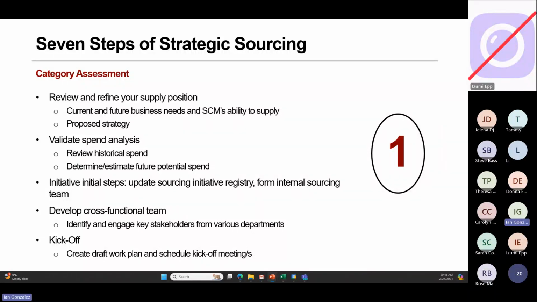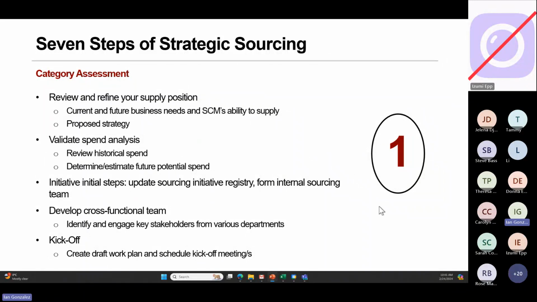With category management, they are now part of it. So in the 7 steps, in step 1, you form a CFT with these people. And then you have a formal kickoff where you create the draft work plan and schedule kickoff meetings.